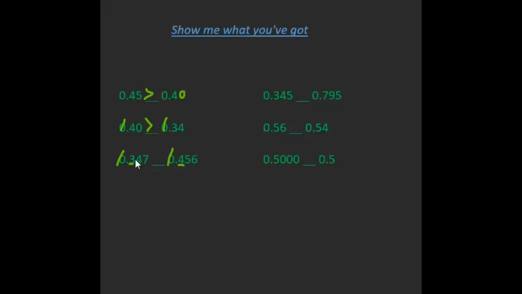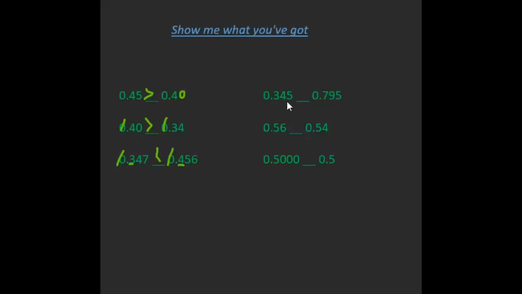And we know that 4 is greater than 3, so we also know that 456 is greater than 347, and the same should apply to decimals. So we write down the less than sign. 0 and 347 thousandths is less than 0 and 456 thousandths. Let's move on to the next one now.